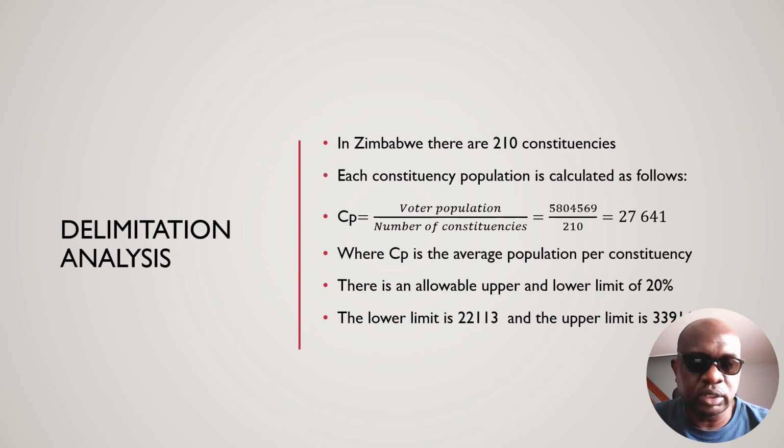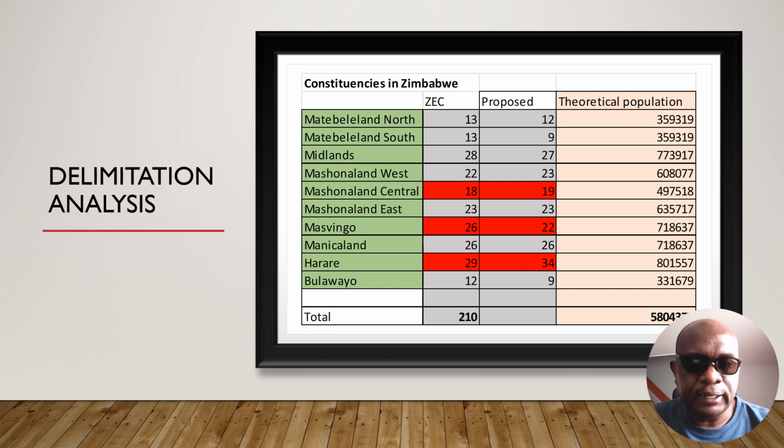Okay, so how does this work? Here, we look at constituencies as represented in parliament. For you to get the number of constituencies, you have to divide the total population by the population of each constituency to get the number of seats that you need for each province.